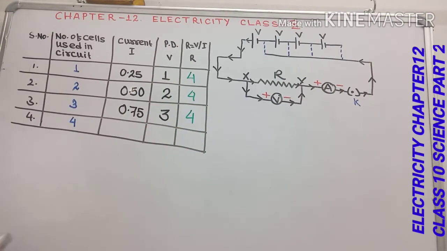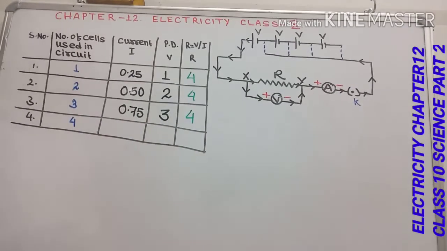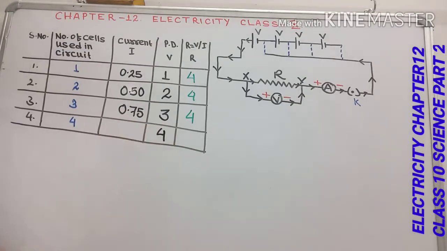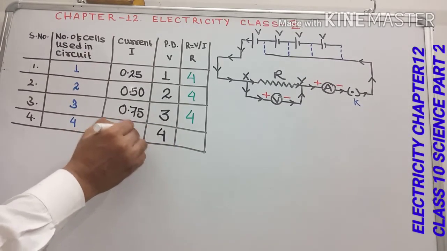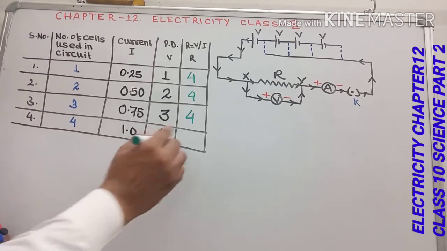Similarly, if we connect this wire here with all four cells, then suppose the potential is 4 volt and the current will be 1.0 ampere, and V upon I will now become 4 upon 1, and the value will come out to be 4 ohms.